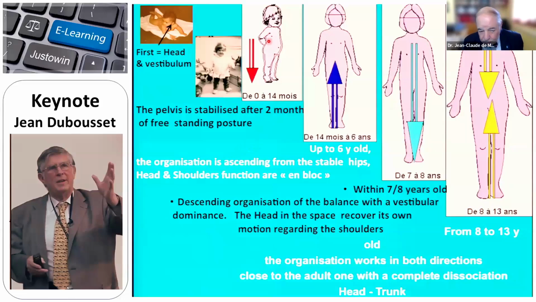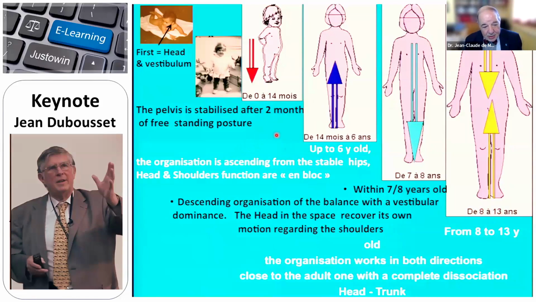He worked also on the maturation of the extrapyramidal system, descending at the beginning, then ascending till 6 years, descending 7, 8 years. You remember maturity of the head, and both descending, ascending between 8 and 13 years.